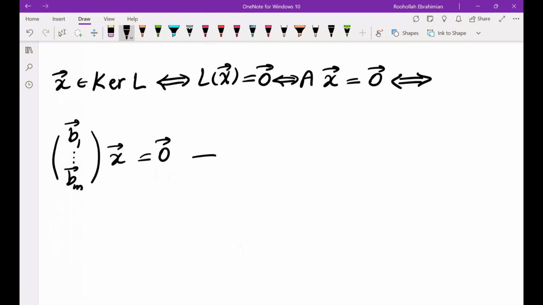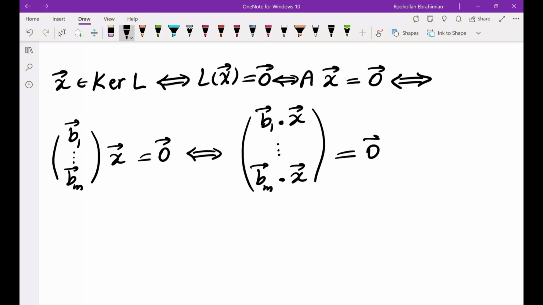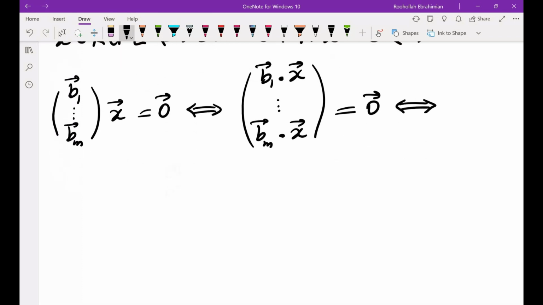What does this mean? If you write down what matrix multiplication gives you, it gives you B1 dotted with x all the way to Bm dotted with x, and that is equal to 0. And again, this is if and only if B1 dotted with x all the way to Bm dotted with x is equal to 0.